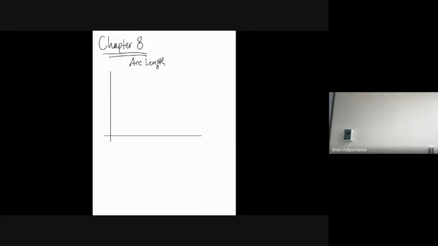Like when you have a bow and arrow, the curve is called an arc. So we need to find the length of the arc. If you have a bow and pull out the string, it makes the arc, and arc length means the length of that arc.